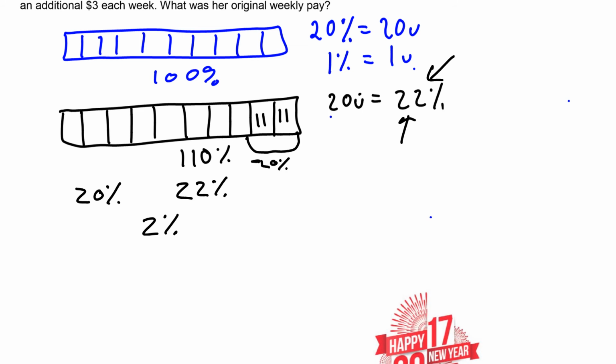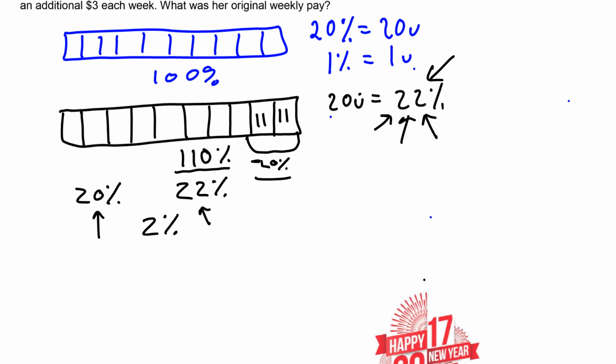Well now, the problem stated that after her raise, she was saving an additional $3. I think we just unlocked the key to the problem. Originally, 20% savings. After the raise, 22%. Because again, 20% of 110% is 22%.